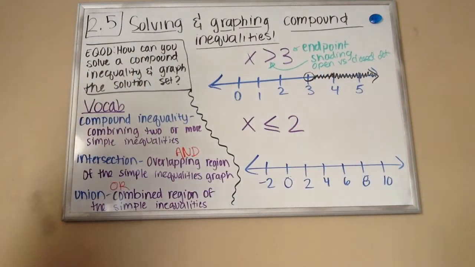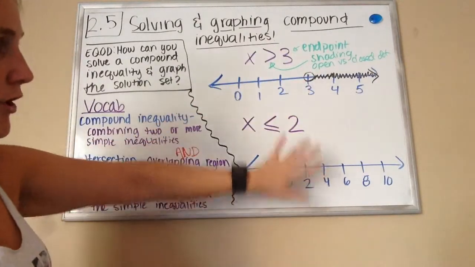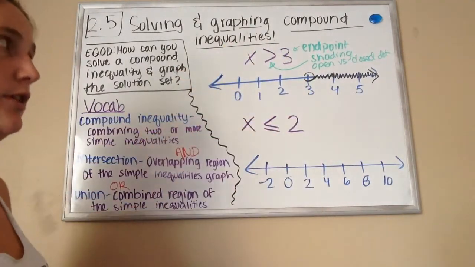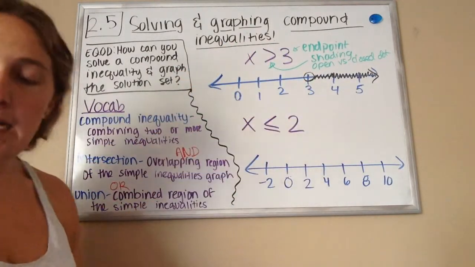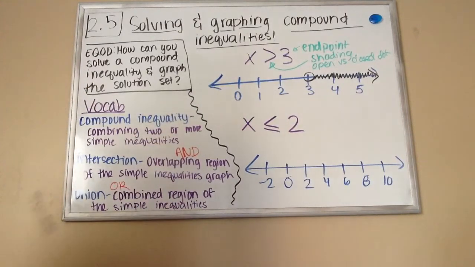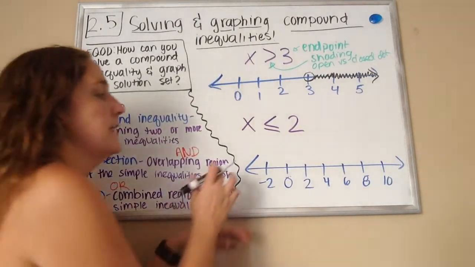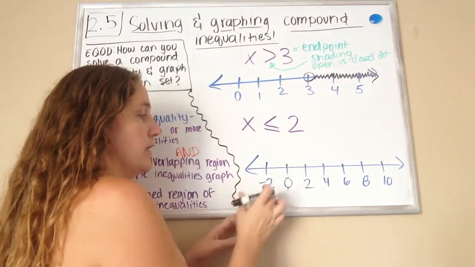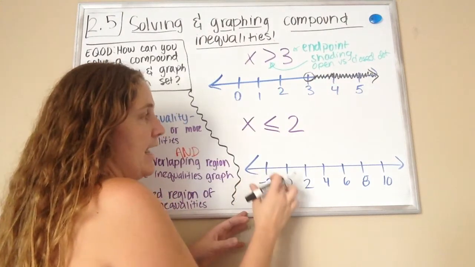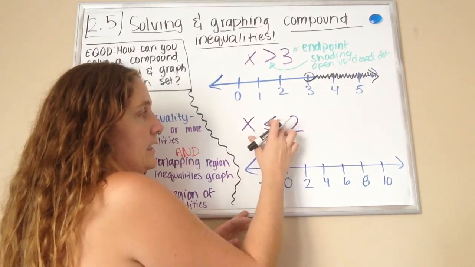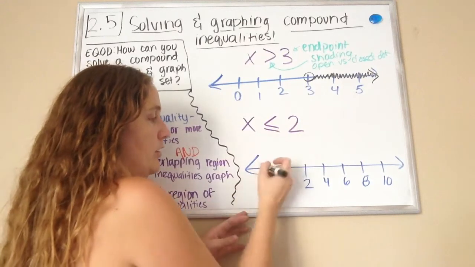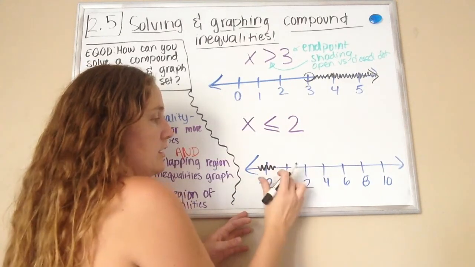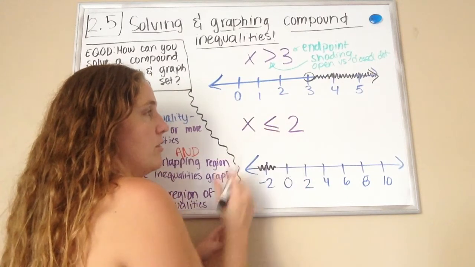So let's keep that there, and then we'll look at this one, then we'll make some generalizations. So let's think here, x is less than or equal to 2. Alright, let's just start over here. Negative 2 is less than or equal to 2. That's true. 0 is less than or equal to 2.